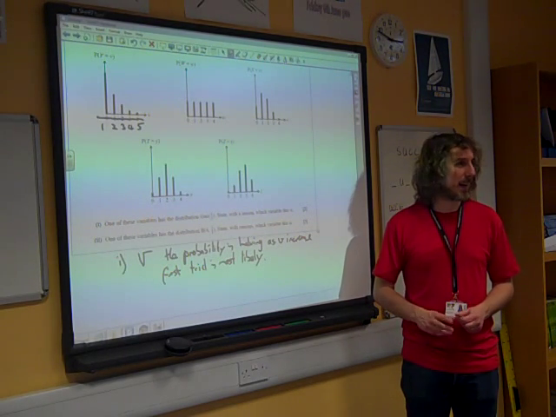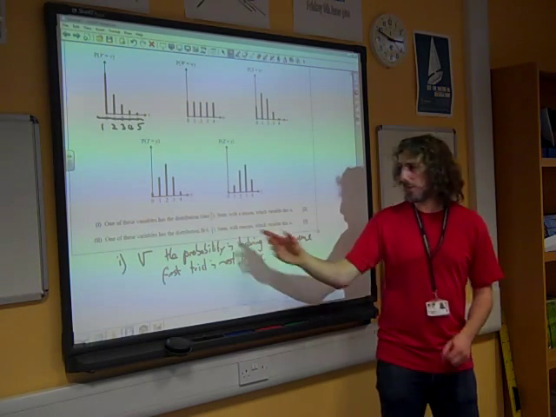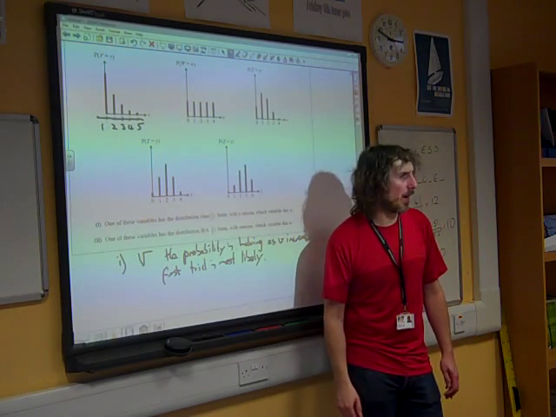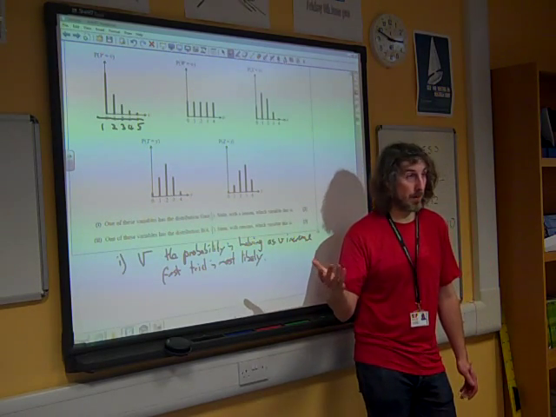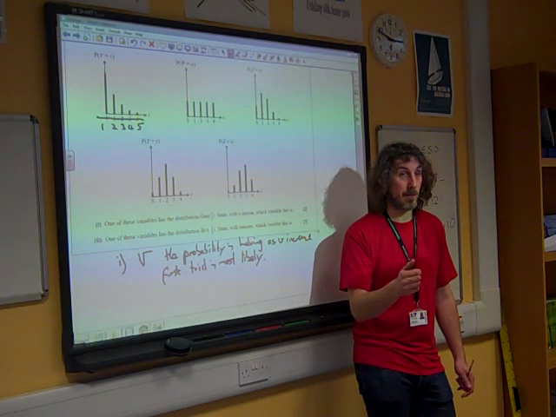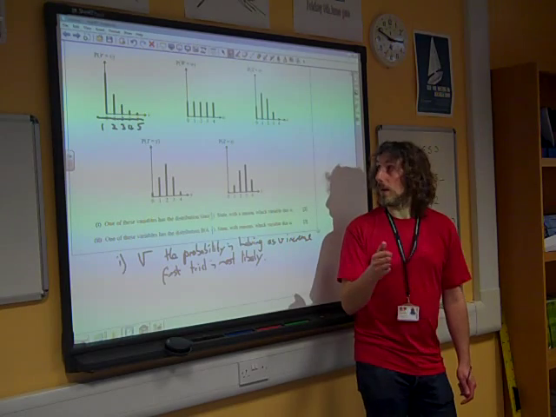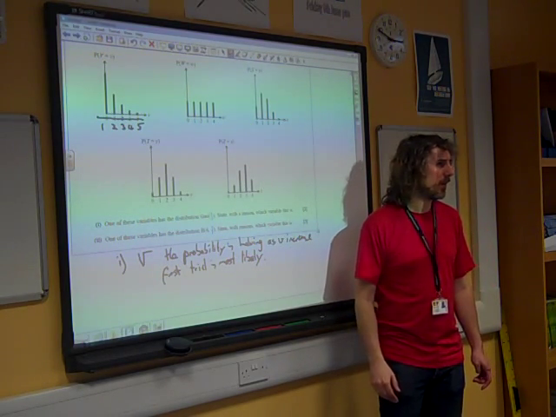What's the most likely outcome? If you're doing 4 trials and the probability of success is a half, well, if you're flipping a coin, that basically mirrors that, doesn't it? If we're doing it 4 times, and we're counting the number of tails that we get, are we equally as likely to get all of those numbers?